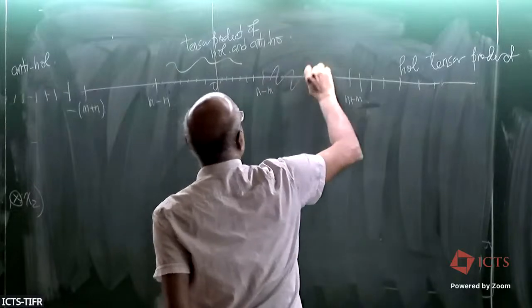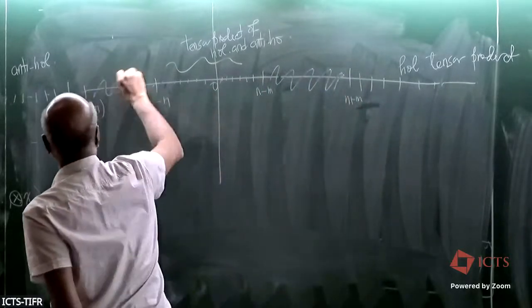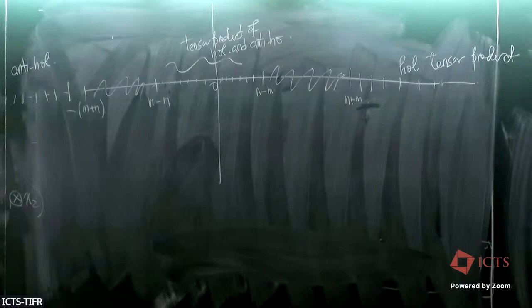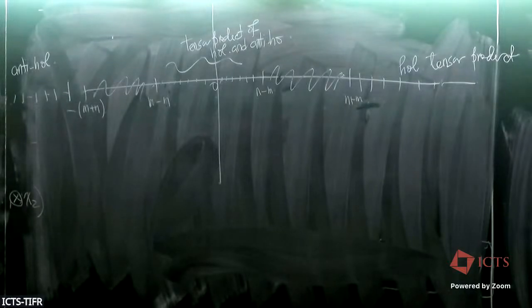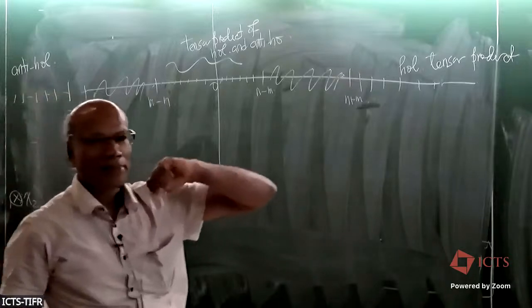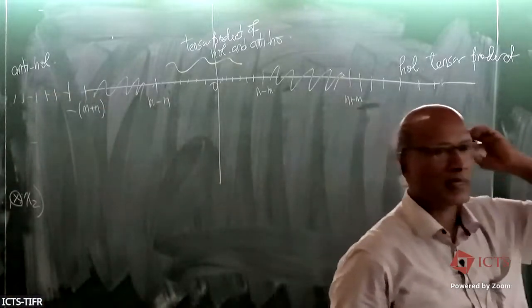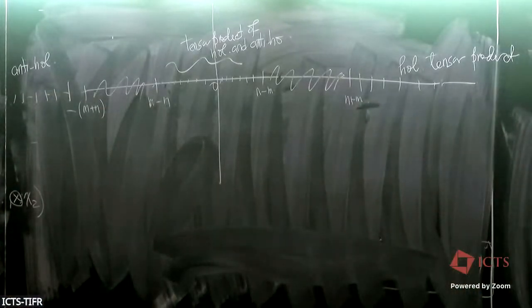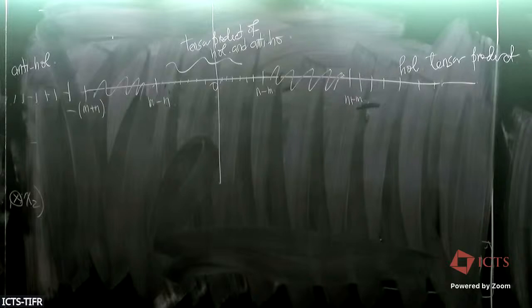And there is a bit of a gap here, and this gap is from n plus m to n minus m. And you remember the Clebsch-Gordan theorem from yesterday. The Clebsch-Gordan theorem is a theorem about the tensor product for SL2(C) or for SU2, and it goes from n plus m to n minus m.